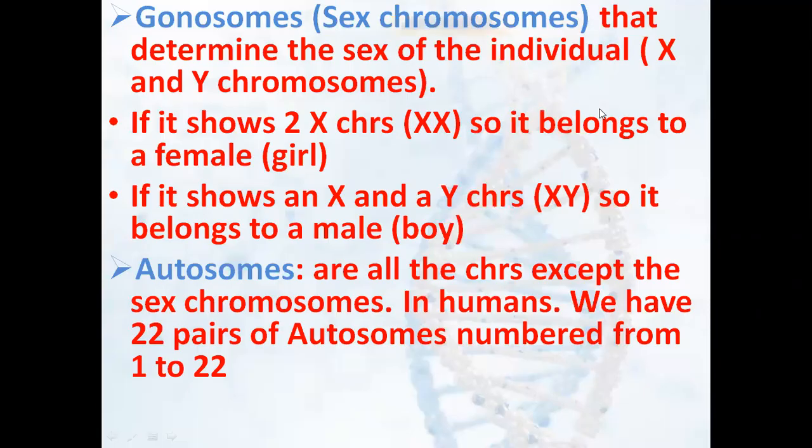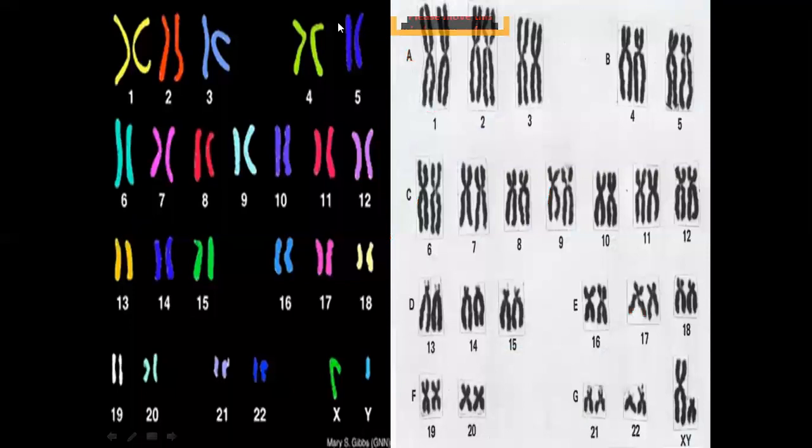So these notes, you have to study them. What are the autosomes? Autosomes are all the chromosomes in the karyotype except the sex chromosomes. In humans, we have 22 pairs. What is the meaning of pairs? This is a pair. If you count them from number 1 till number 22, they are 22 pairs. Why?